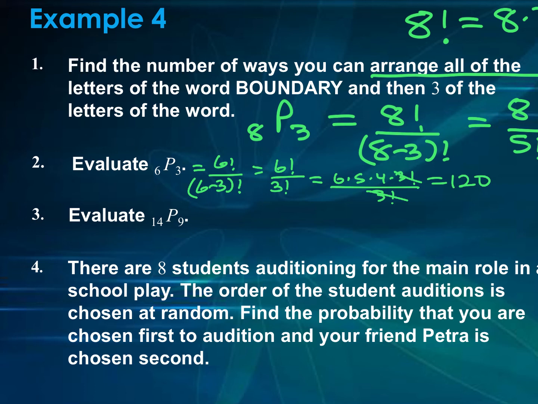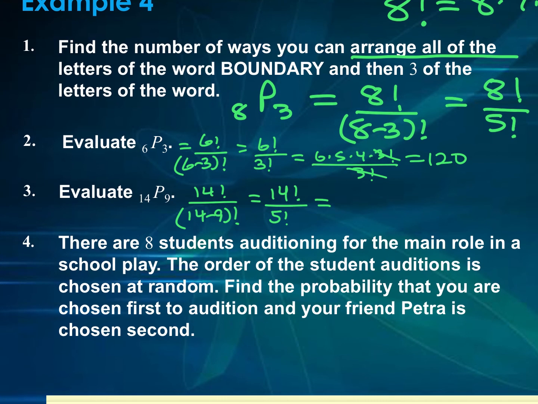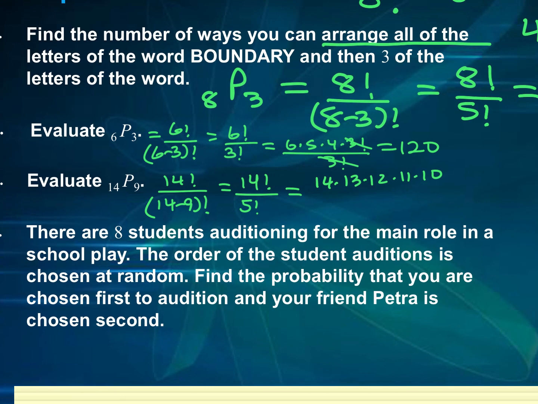For number 3, it's going to be 14 factorial over 14 minus 9. 14 factorial, 14 minus 9 is 5 factorial. So this one I'm going to expand all the way down to the 5. 13, 12, 11, 10, 9, 8, 7, 6.